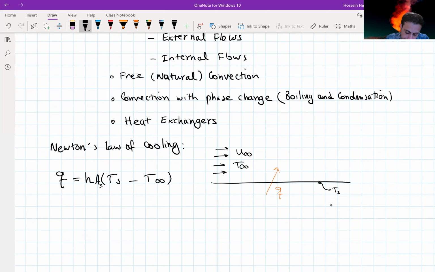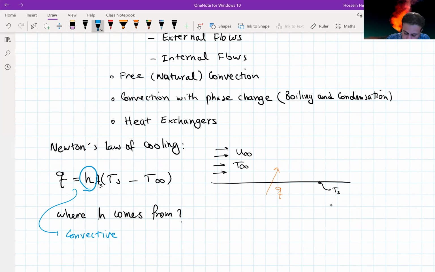And that's the area. Now, one point here is that in all the analysis that we have done so far, we're assuming h is given, but really where does h come from? h is the convective heat transfer coefficient.